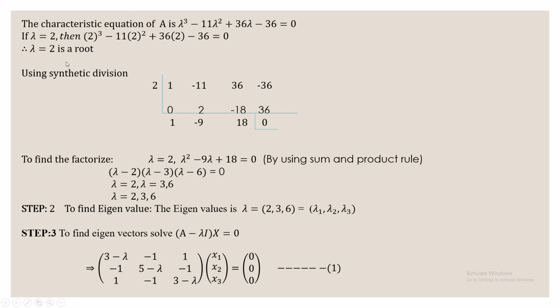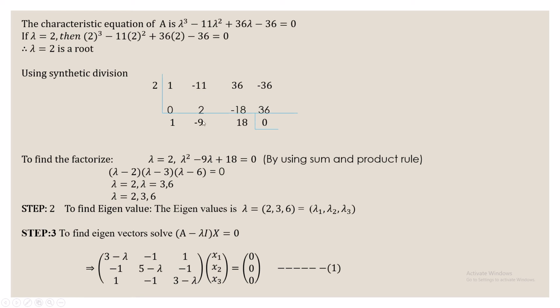You put the root here, and first you bring down the 1, and put 0 here. Add these two, 1 plus 0 is 1, and then cross multiply: 2 ones are 2, put it over there.